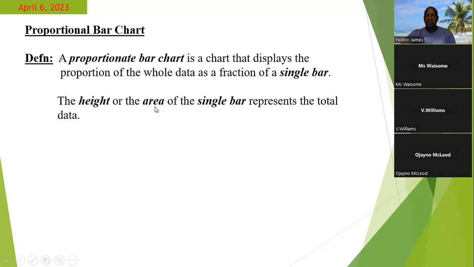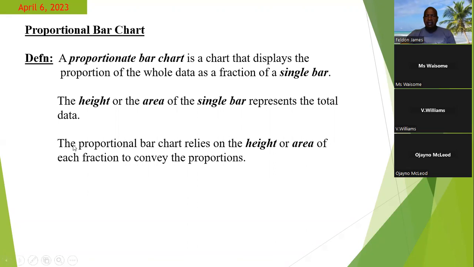If we are using the area, we'll have to now consider the width of the bar so that when you measure length times width, you get the actual area. So using the height, we're just going to draw a bar that consists of the same width throughout the entire height. All right. So the proportional bar chart relies on the height or area of each fraction to convey the proportions.